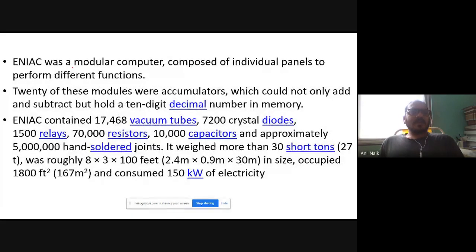ENIAC was a modular computer composed of individual panels to perform different functions.